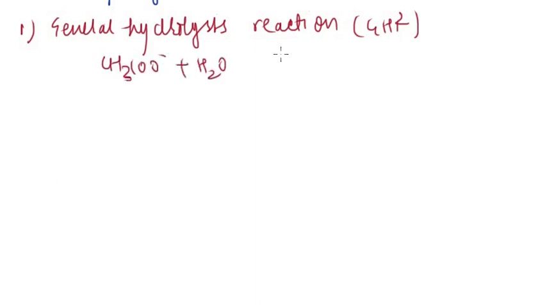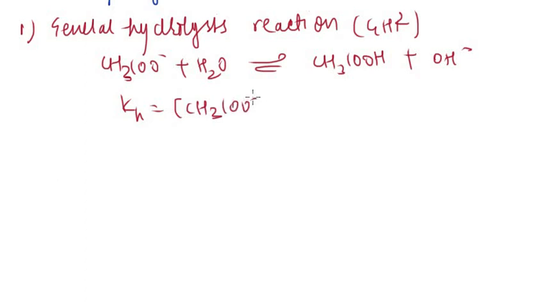Acetate ion will be hydrolyzed, and it will form acetic acid, CH3COOH, and OH negative. So we will be writing the KH for that: CH3COOH and OH negative upon CH3COO negative.